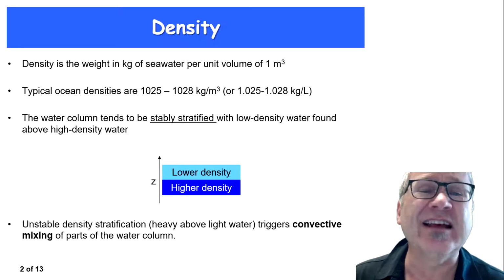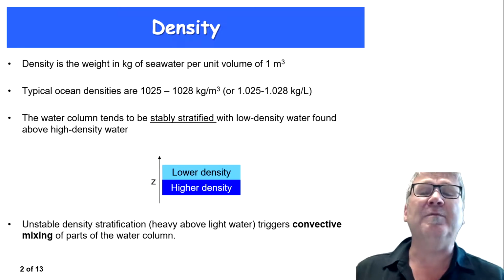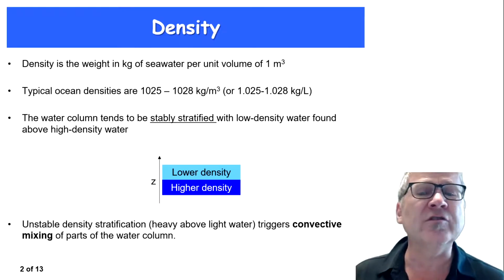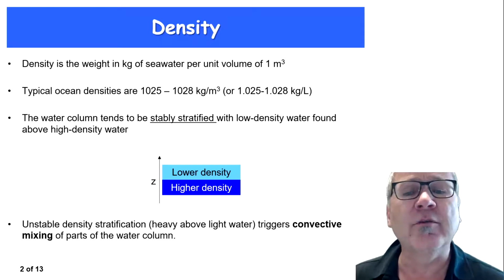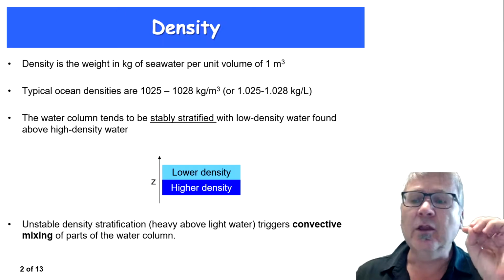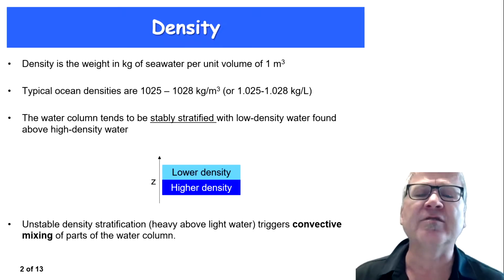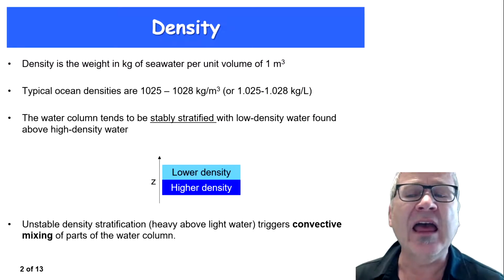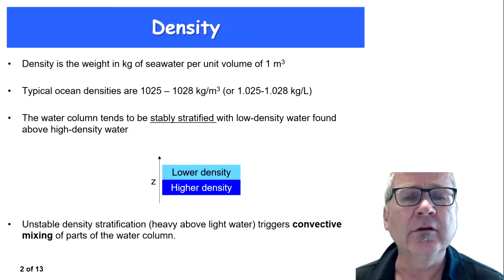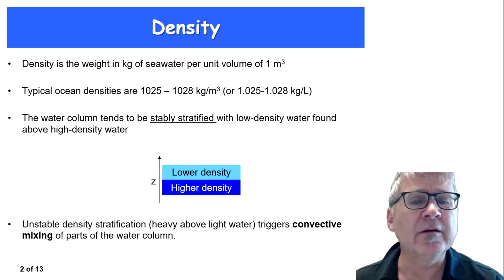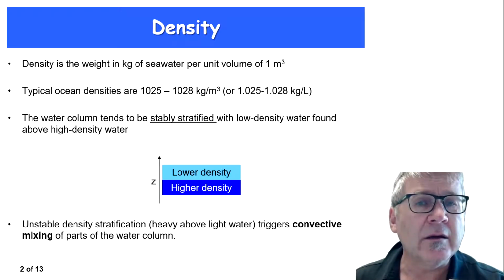The typical ocean density is between 1025 and 1028 kilograms per cubic meter. The water column tends to be stably stratified, with low density water found above high density water, or simply light water above heavy water.